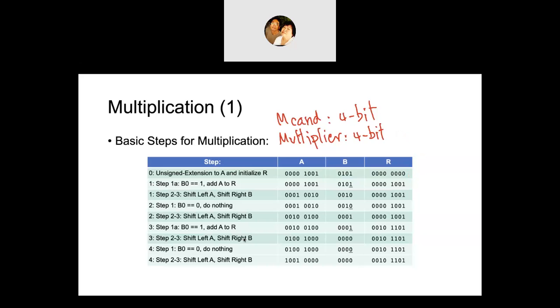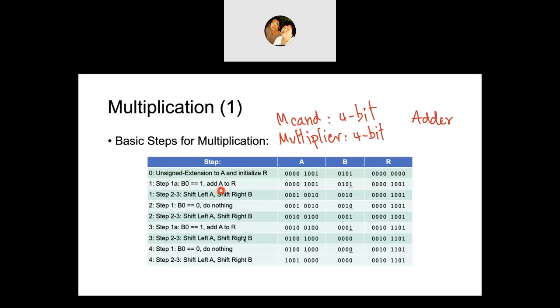And what else do we need to get this kind of result? We need an adder. Why do we need an adder?